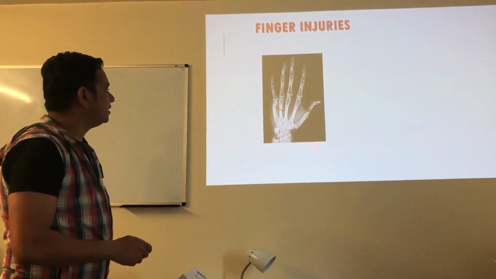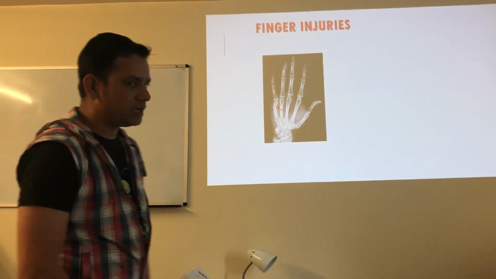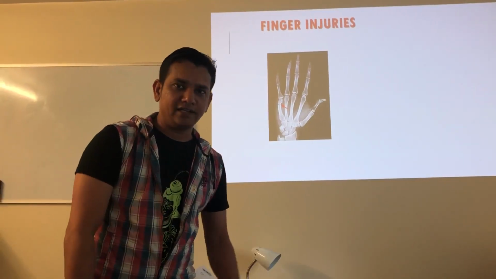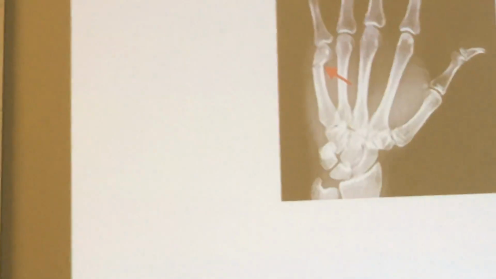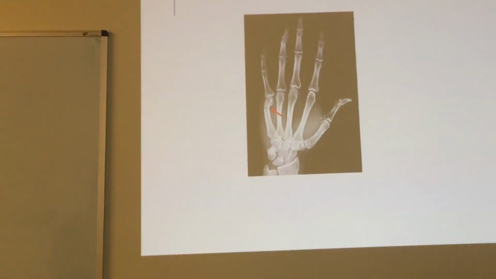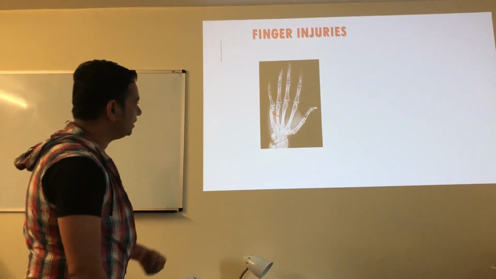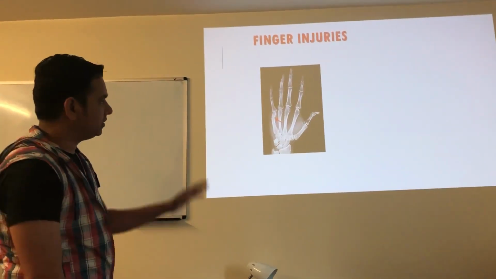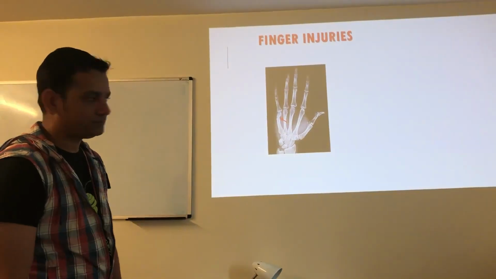Now we come to finger injury. This is likely a 14-year-old guy who's left-handed. He got angry and upset over someone and he punched the wall. Now this guy has a cortical disruption or fracture at the distal end of the little finger metacarpal on the left side, also known as boxer's fracture.